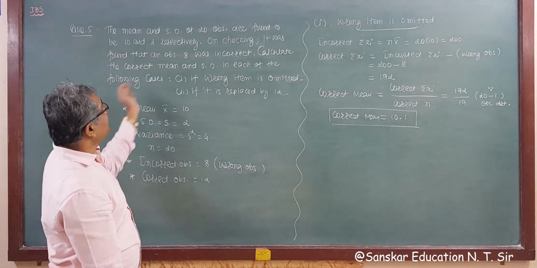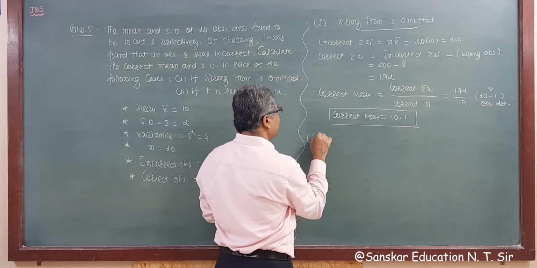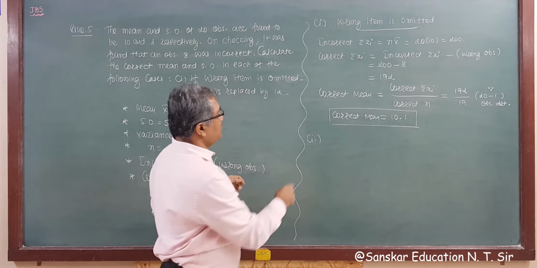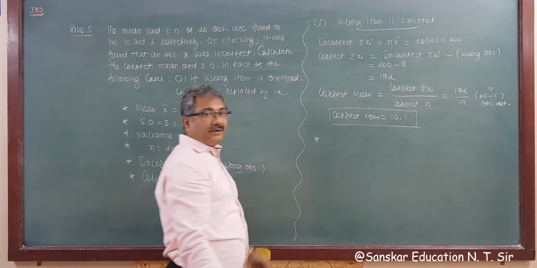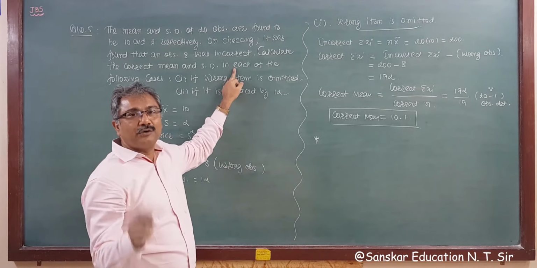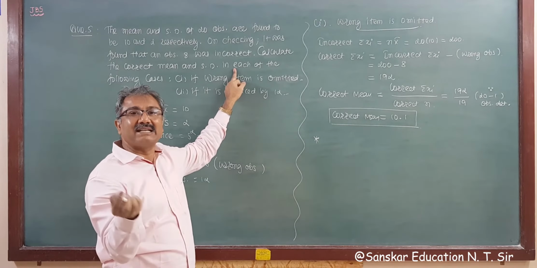Now we also have to find the correct standard deviation. For the correct standard deviation, you have to find first the incorrect sigma xi square, then the correct sigma xi square.